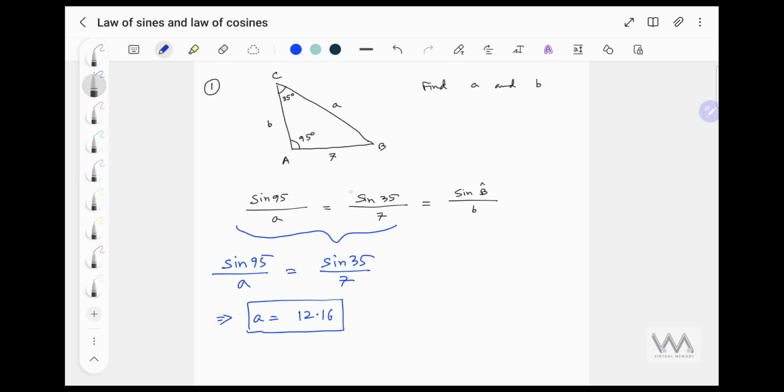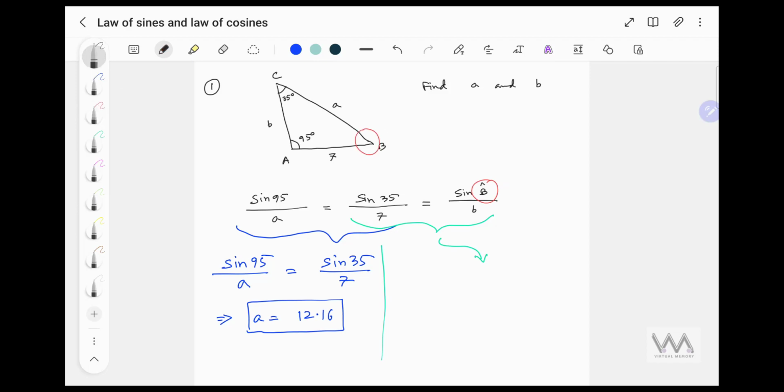Now we can use these two expressions to find B. First thing we need to do is find the angle B, this angle.